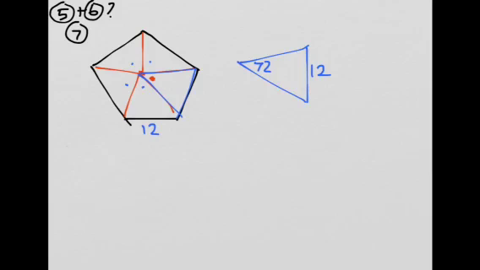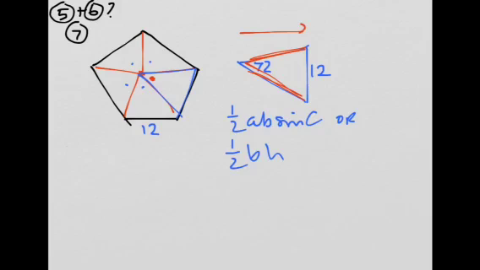Now for us to work out the area of the triangle, we need to use either a half AB sine C or a half base times height. Now unfortunately, to use the first formula we would need to know this side and this side, which we don't have, and to use the second formula we would need to know the height, which we don't have.